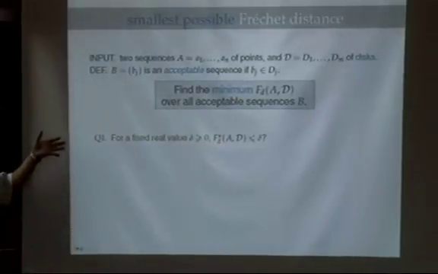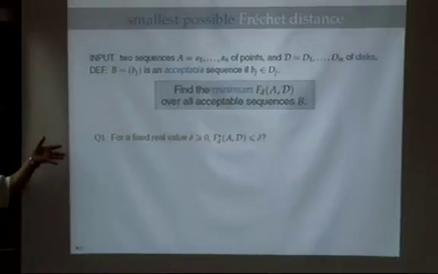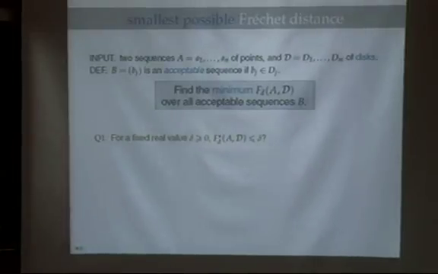So we first need to consider this question. We give delta as a candidate for the minimum possible Frechet distance, and our algorithm must answer yes or no. This is the decision version of the problem.